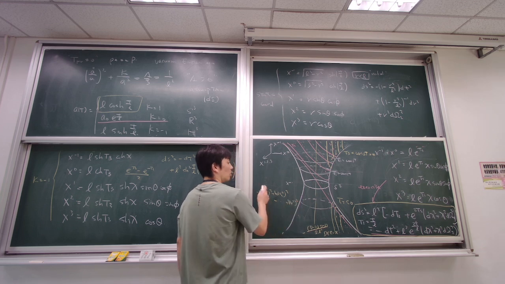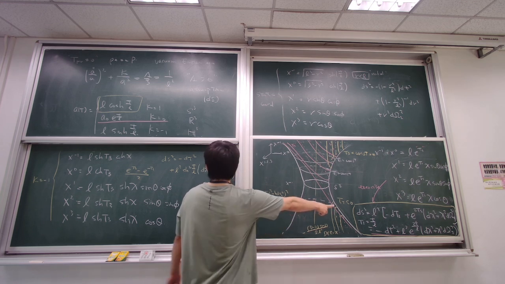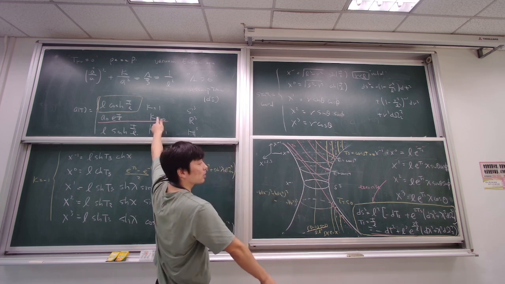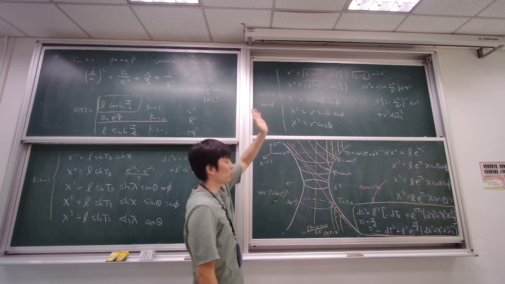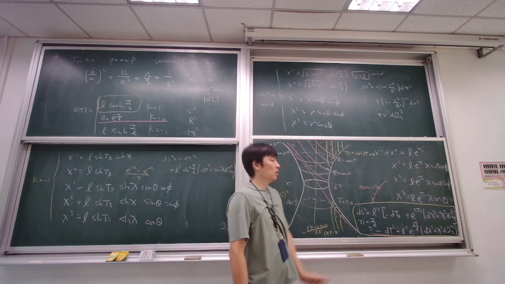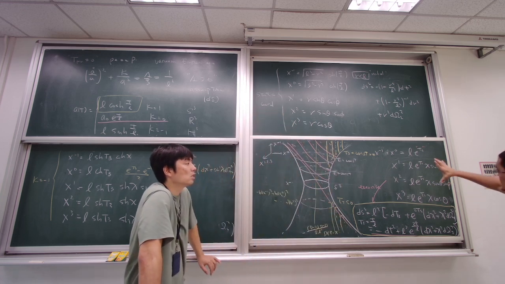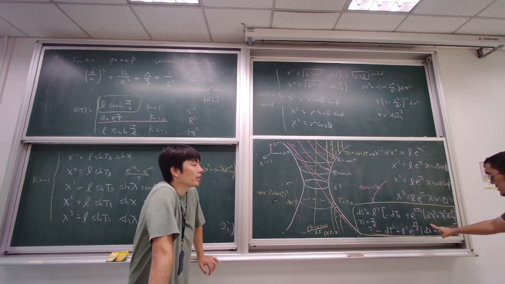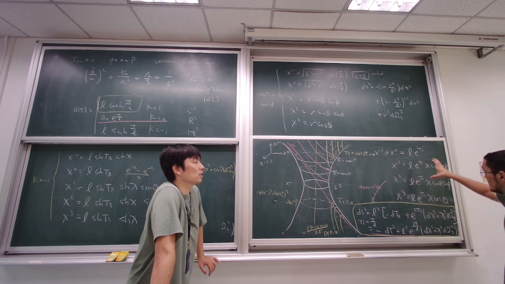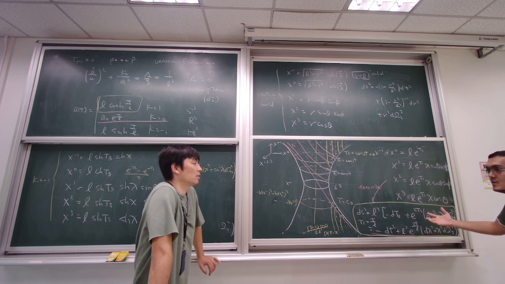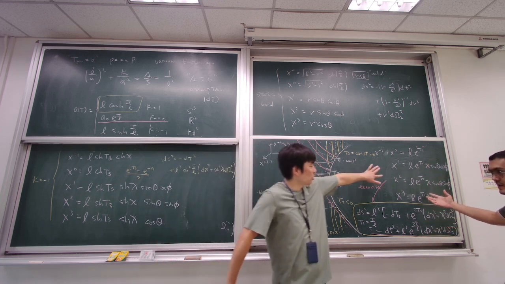So from here the metric is this one, which is exactly the k equals 0 case. But this is only possible when you do this kind of slicing. So you choose this in order to get this.